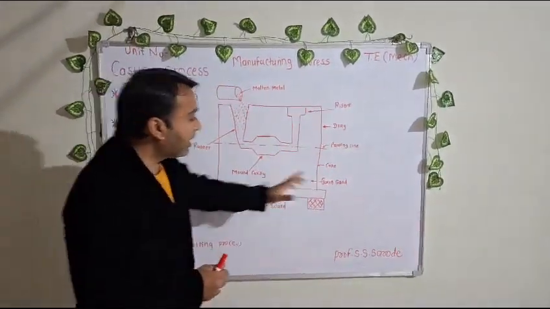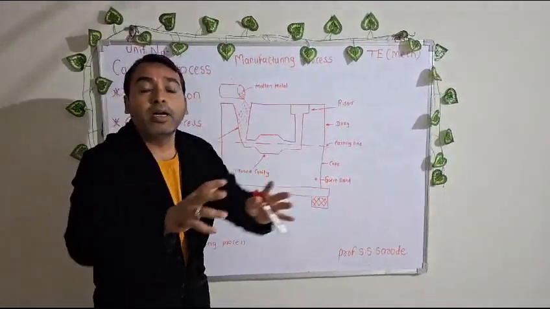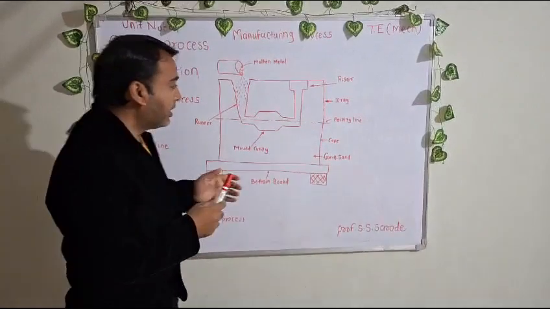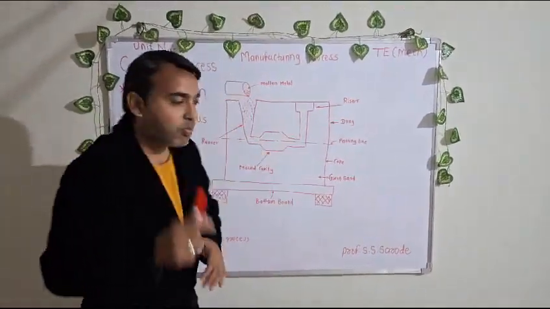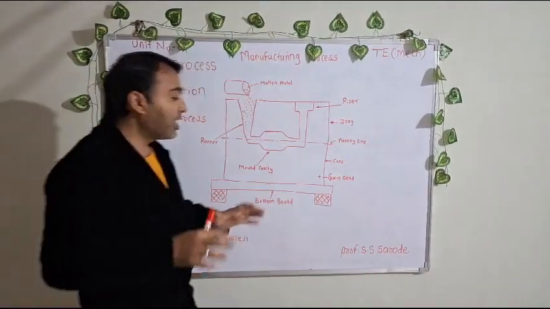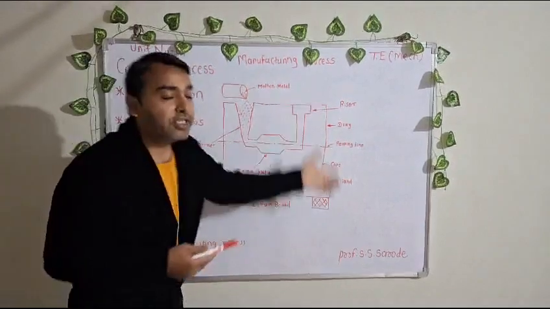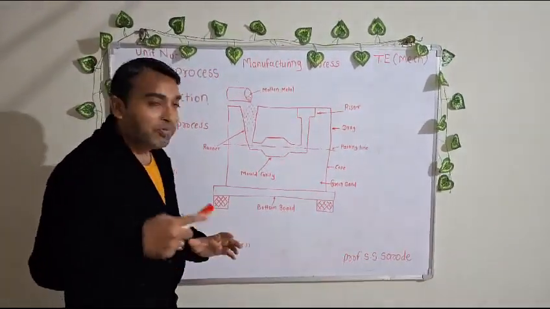The green sand is used to make a mold in the desired shape. The parting line is the point where the cope and drag are matched. Now we will see how to conduct this process and how to manufacture the casting part.